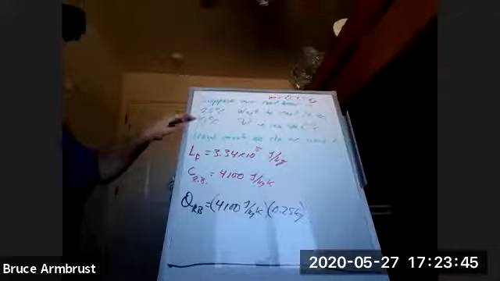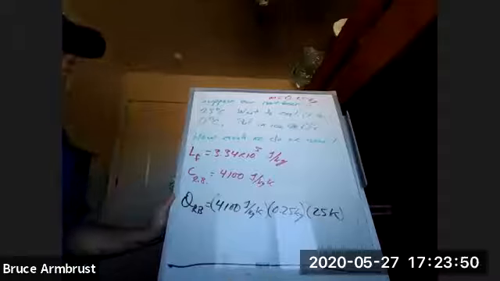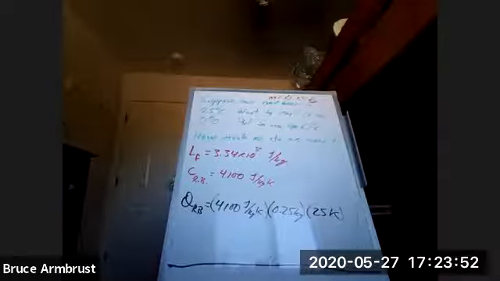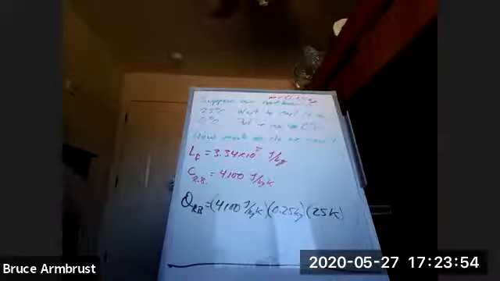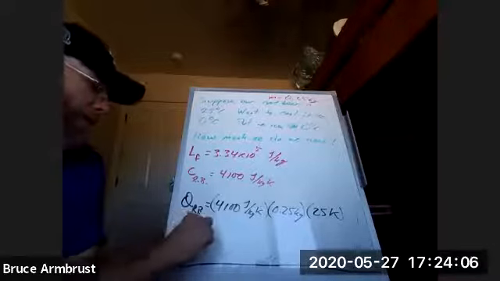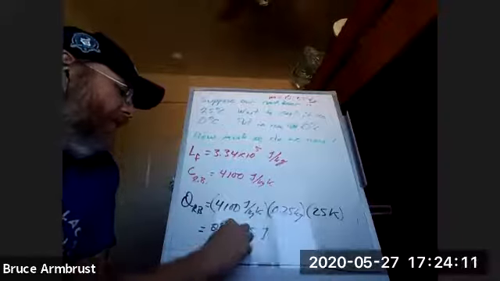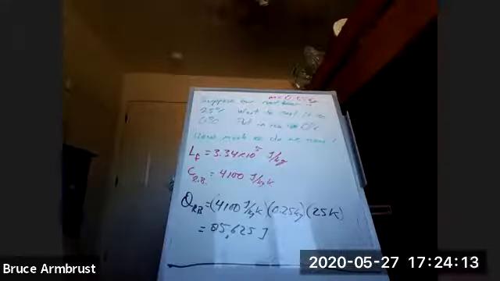We want to drop that temperature 25 Kelvin. That's the total amount of energy we have to take away from the root beer. If you multiply that out, this ends up being 25,625 joules. So that's what we're going to remove from the root beer.